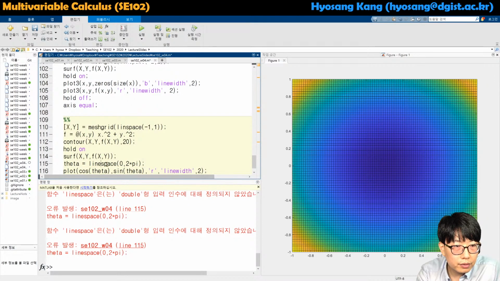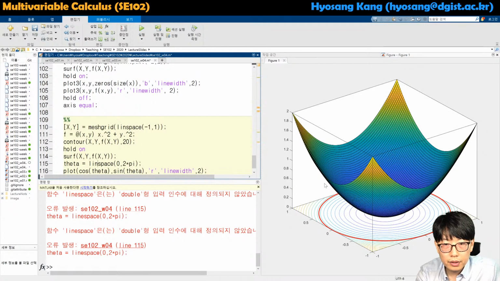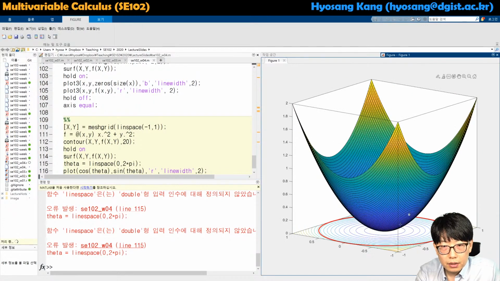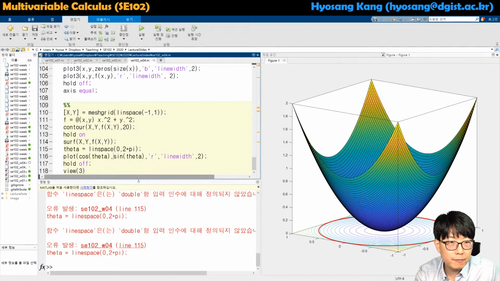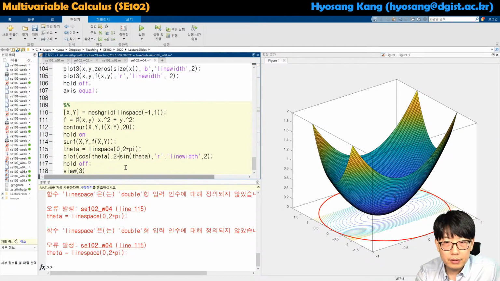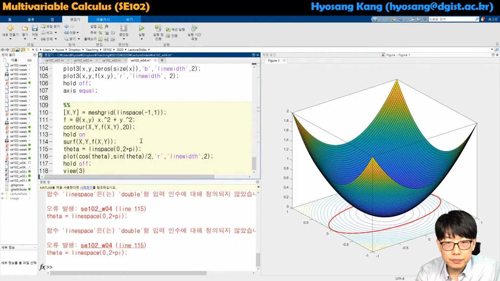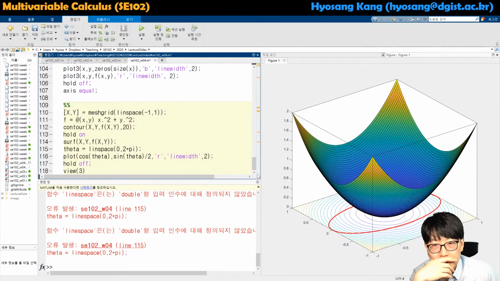That's not a good idea, so maybe I should use a little bit smaller ones here. Okay, let's make it smaller. That's nice. So let's say our constraint is this red ellipse.